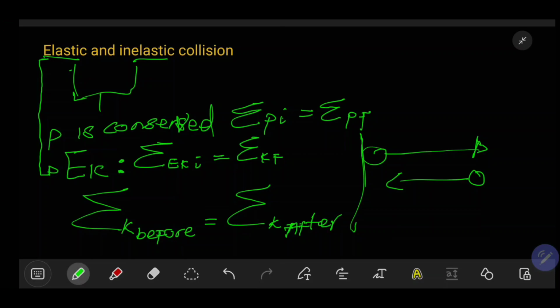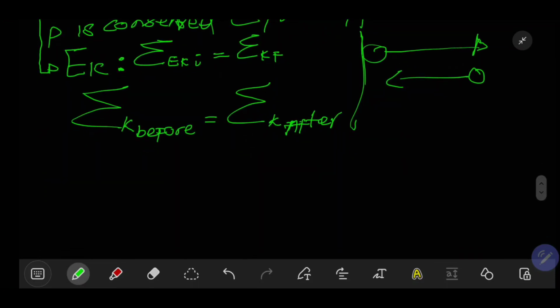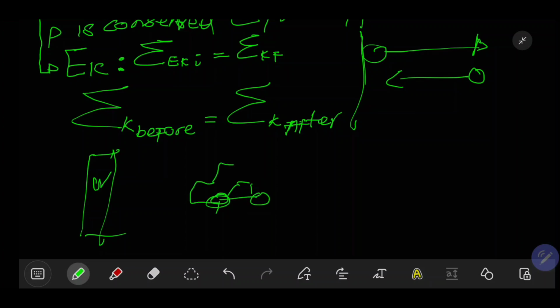When we say the kinetic energy is not conserved, we mean, for example, if we have a wall here, and we have a car traveling towards this wall, obviously the car won't bounce back from this wall. The car will crash on this wall, and that is the case whereby our kinetic energy is no longer conserved, because the car cannot bounce off this wall and go back to its initial position.